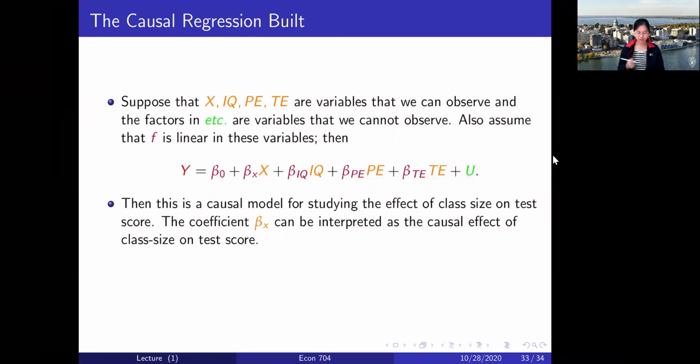Now, this is a causal model for studying the effect of class size on test score. And beta x can be interpreted as the causal effect of class size on test score.